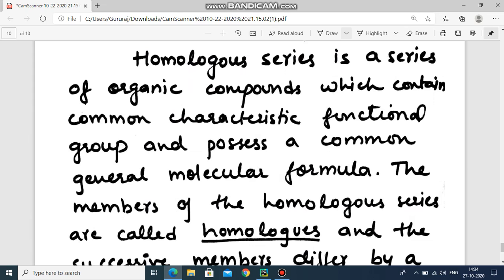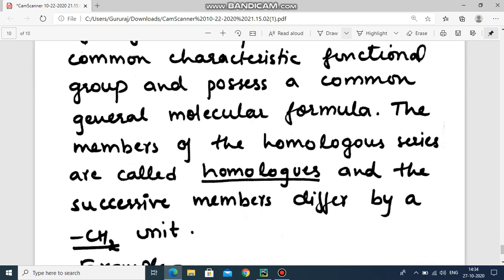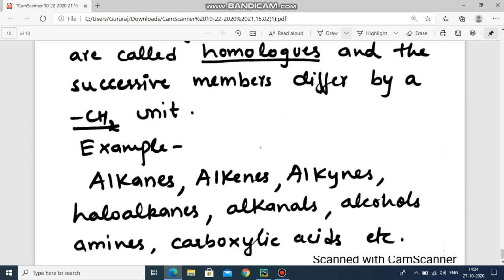The members of the homologous series are called homologues, and the successive members differ by a CH2 unit. Examples: alkanes, alkenes, alkynes, haloalkanes, alkanals, alcohols, amines, carboxylic acids, etc.